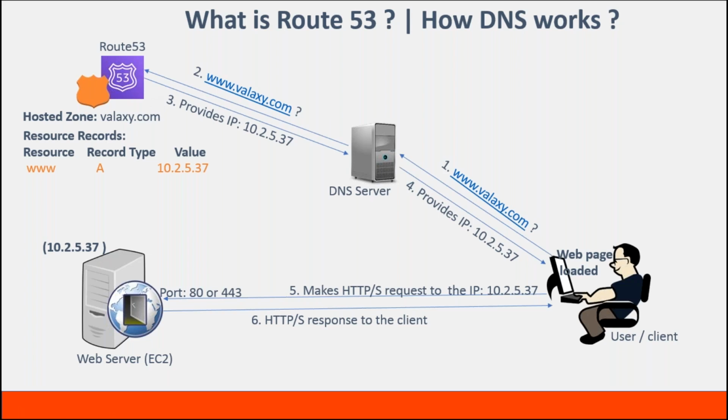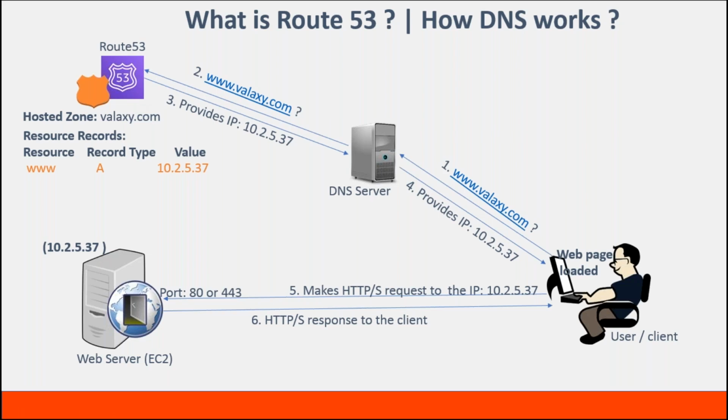So here I just wanted to talk about something. Even the local DNS server is the one which is responsible for giving the resolution for the name that you provided. Even the DNS which is managed by Route 53 is also responsible for giving the resolution for the question being asked, correct?